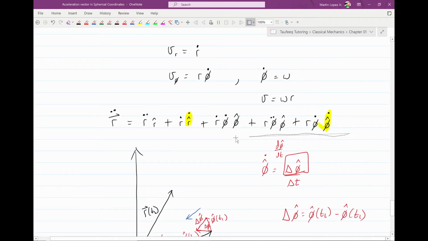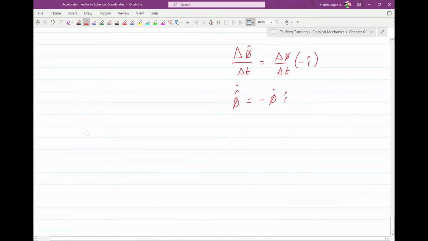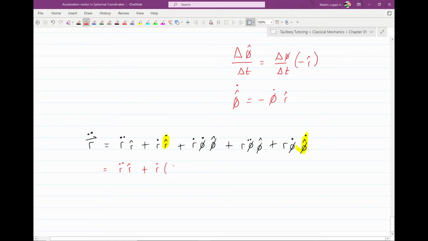Now let's look at the equation that we were trying to solve for. So let me copy this down here. Okay, so let me rewrite it. We have R double dot R hat plus R dot. What was R hat dot?